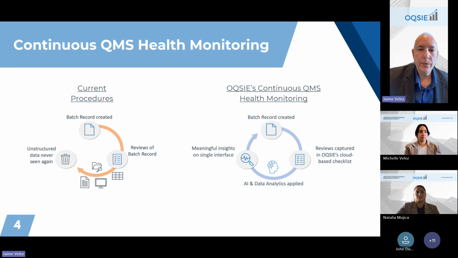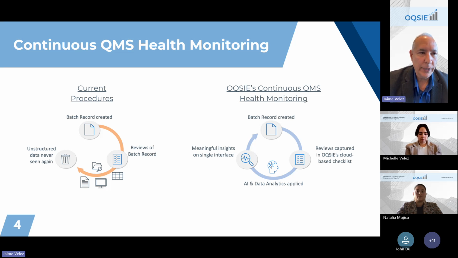All right. So with that concept in mind, let's look at the batch record review process as a mechanism to begin to mine that gold, as we saw in the video.